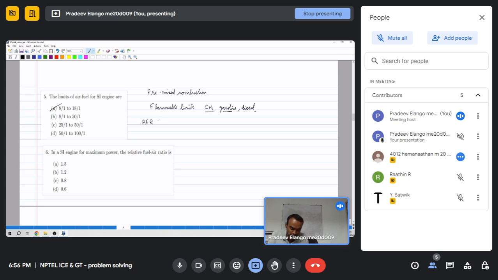The stoichiometric is 14.7 to 1. If you have a mixture of fuel and air with an air-fuel ratio of say 20 to 1 for gasoline, 14 to 1 is stoichiometric, and if you go 16 to 1, it can still burn. But if you go to say 20 to 1, it will not burn at all.